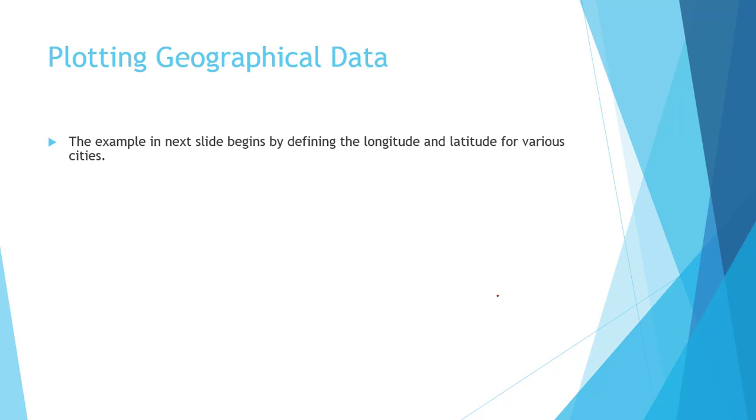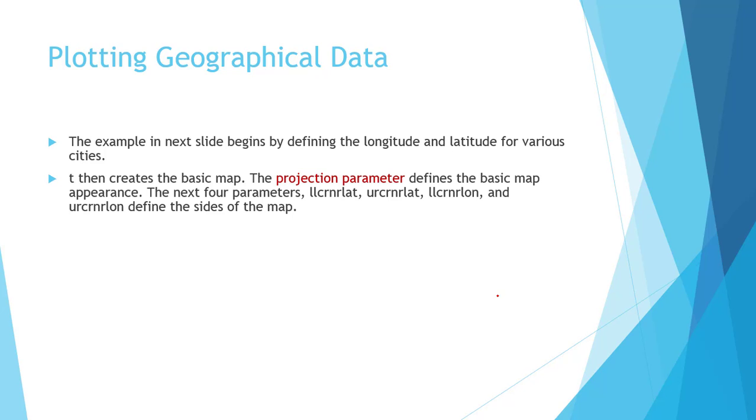Next we will see plotting geographical data. The example in the next slide begins by defining the longitude and latitude for the various cities. For plotting the geographical data we need to install the Basemap library and toolkit as well. I have already installed the Basemap library.